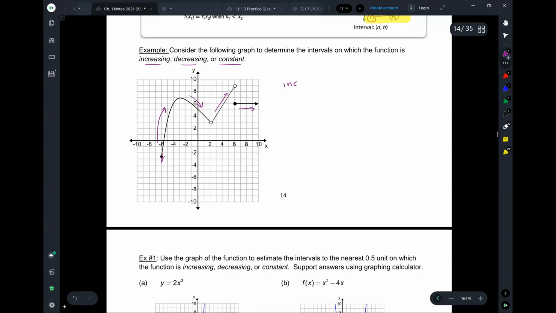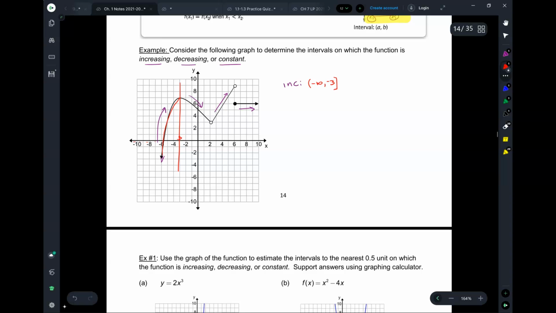So we want to write all the intervals over which the function is increasing. The first interval over which it's increasing stretches from negative infinity all the way to x equals negative 3. So it increases from negative infinity to negative 3.